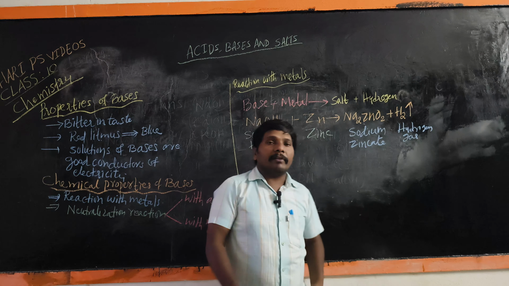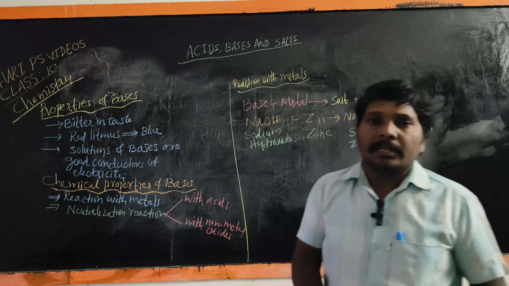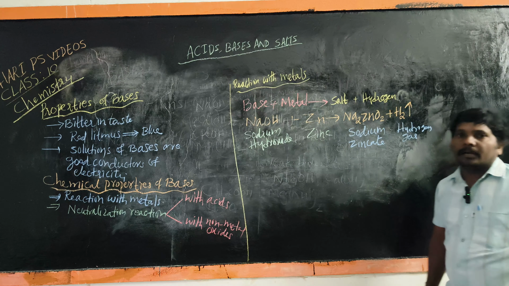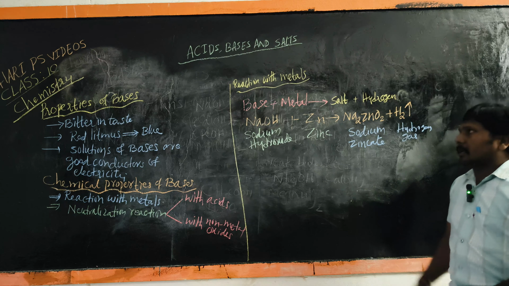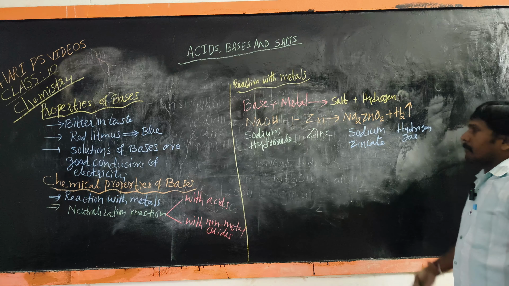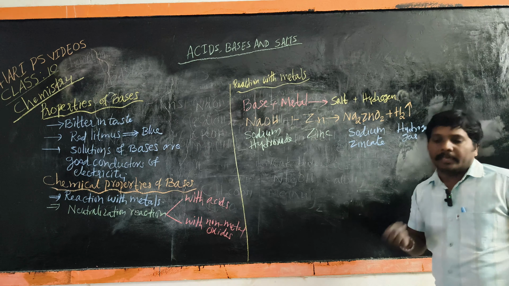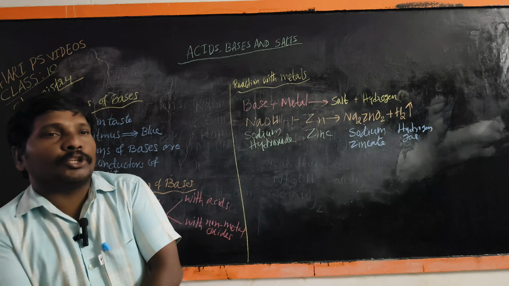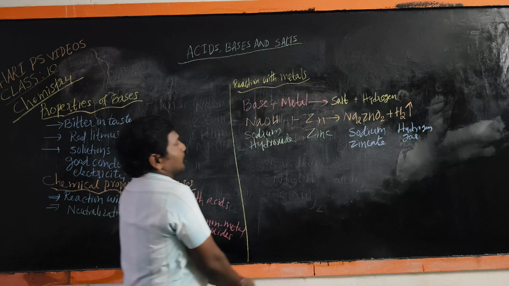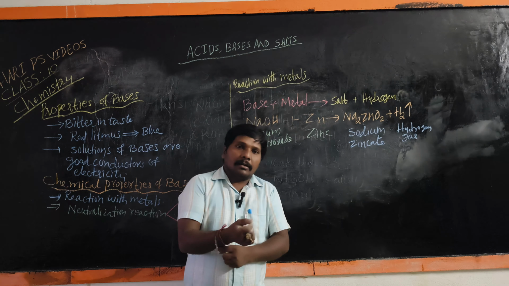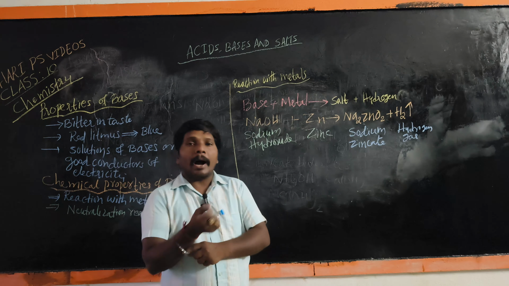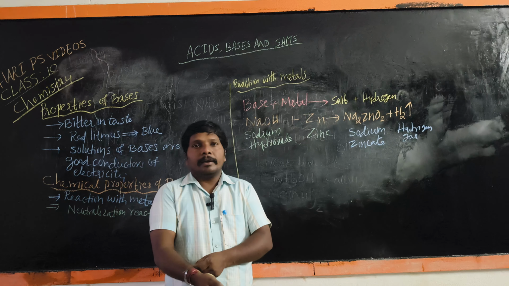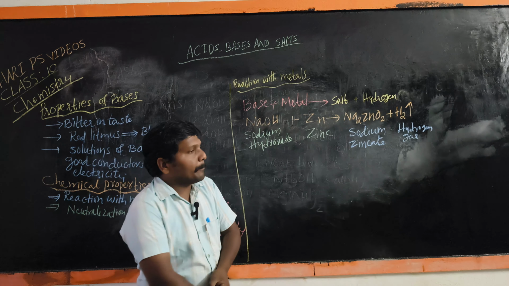How can we identify that hydrogen gas is released during a reaction between metal and acid or base and metal? When we bring a burning matchstick near the mouth of the test tube, it burns with a pop sound, or the burning matchstick is put off with a pop sound.